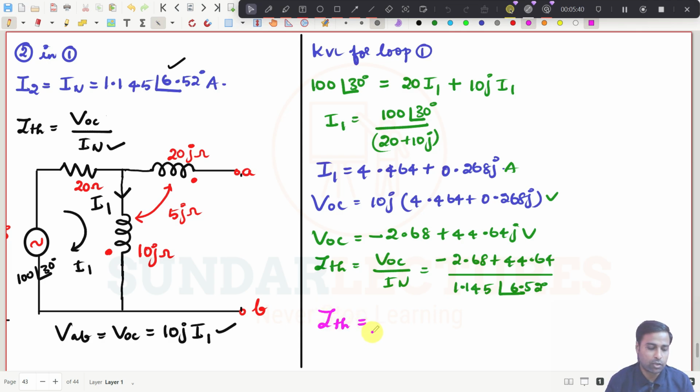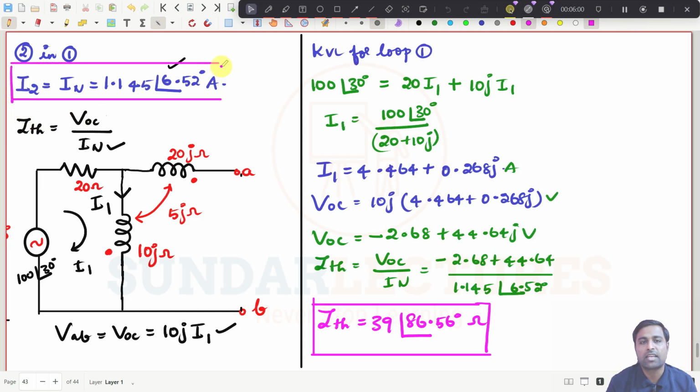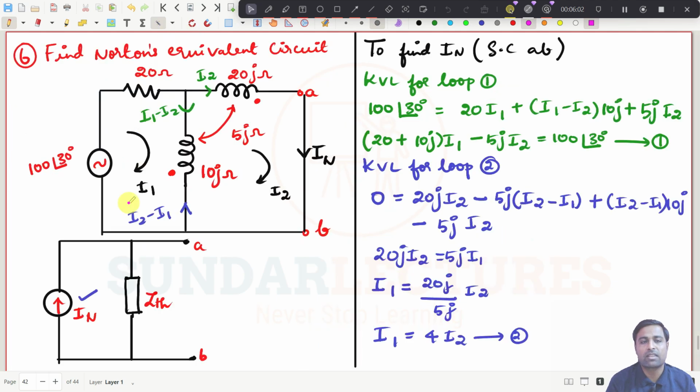I am getting it to be 39 at an angle of 86.56 degrees ohms. So you see here, I have found both IN and the value of EZTH, right? So that is what they have asked you. We have found both values, and this is the Norton's equivalent circuit.